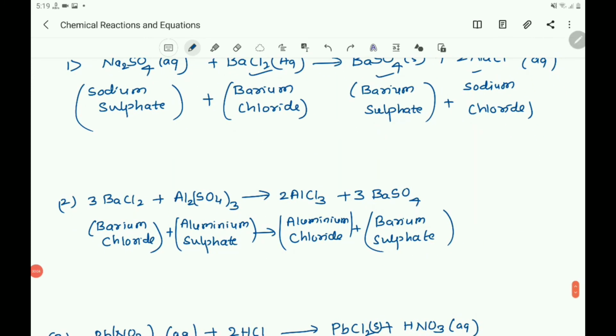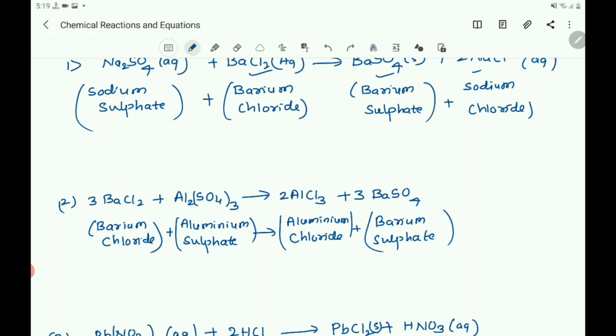Here Ba ions are exchanged with aluminium ions and chlorine ions are exchanged with SO4 ions. This is the exchange of their partner ions.